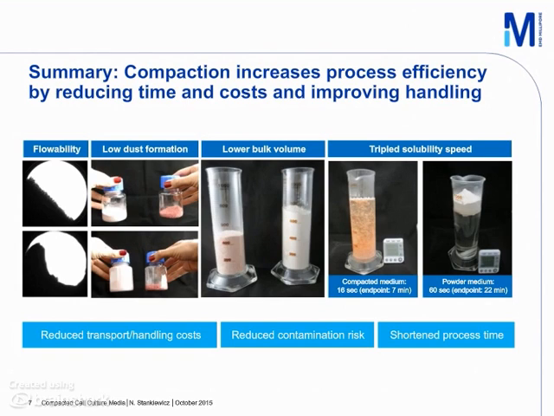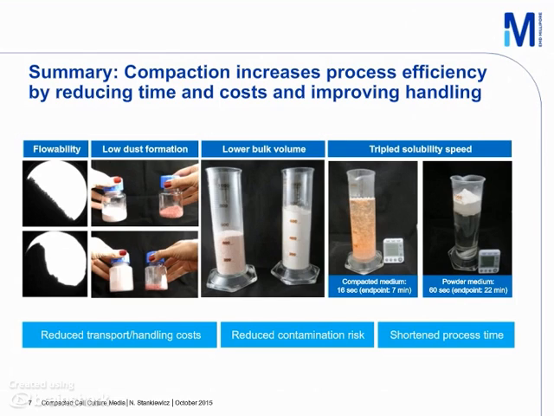Finally, I'd like to summarize all the advantages that compacted media can bring to the upstream process, leading to a more efficient application of dry powder cell culture media. Firstly, the improved flowability properties ease the handling of bulk volumes of dry powder media.